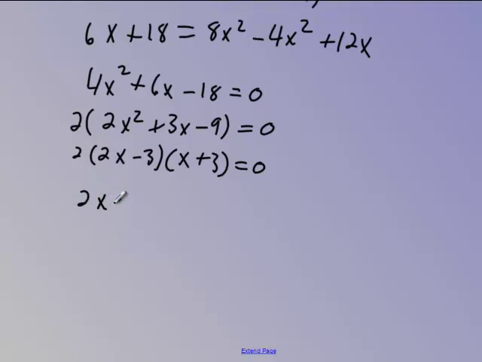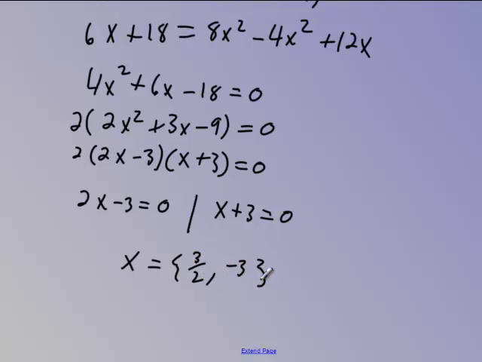So 2x minus 3 is equal to 0, as well as x plus 3 is equal to 0. And then we'd have two solutions of, let's see, positive 3 halves and negative 3. However, we're going to have to check for extraneous solutions.